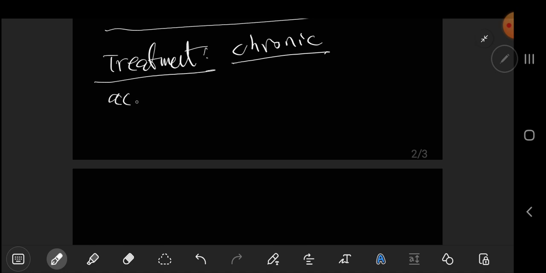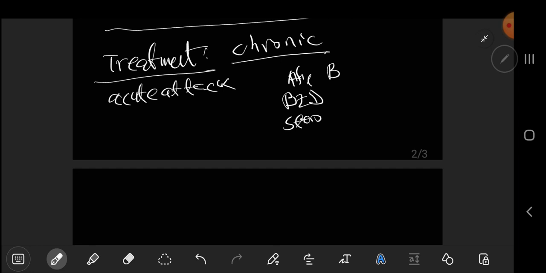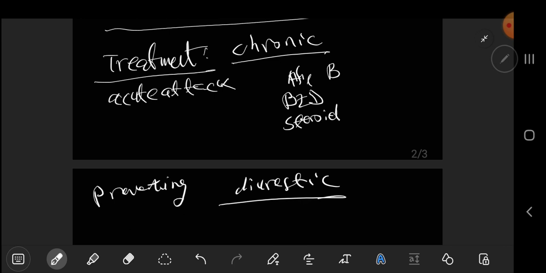the treatment can be for acute attack, and for acute attack, we have antihistamines, H1 blockers, let's call them. We have benzodiazepines. We have sometimes steroids, and for preventing, we have diuretics, that I must say their role and their efficacy in treating Meniere's disease is quite controversial.